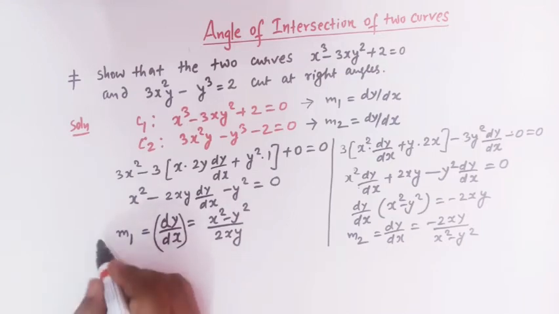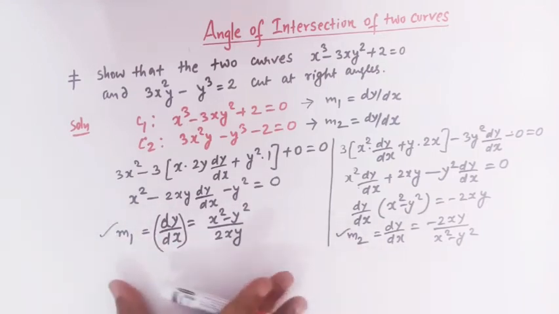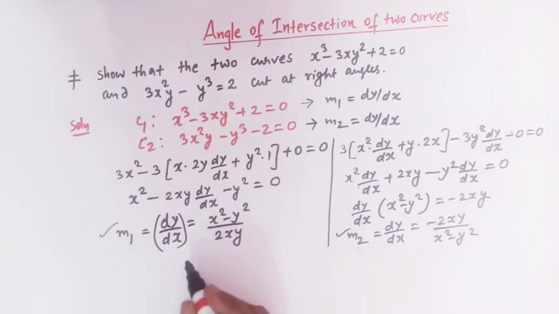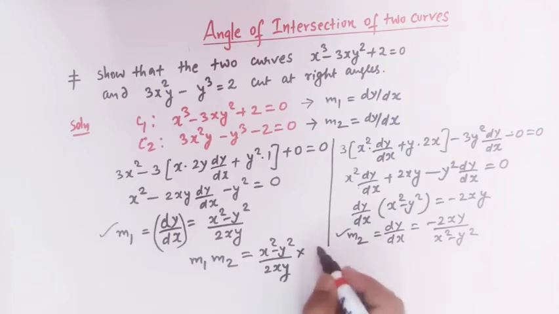Now here we have m1 and here we have m2. So let us find the product of these two slopes, m1 times m2. m1 is x square minus y square over 2xy, and here we have minus 2xy over x square minus y square.